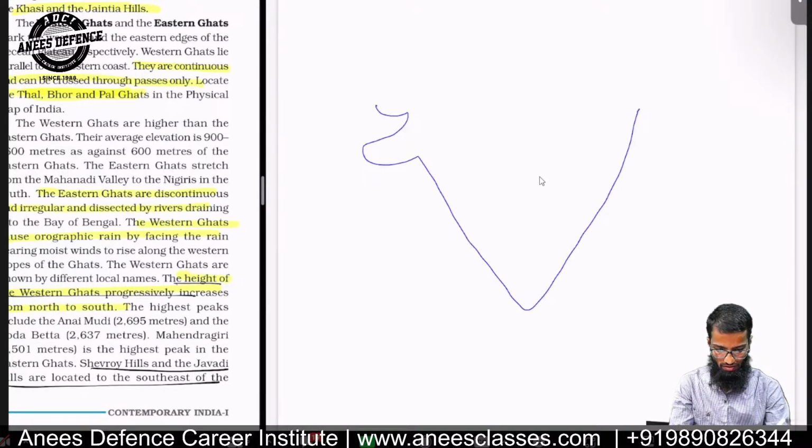So you have the Eastern Ghats here, and you have the Western Ghats here. You can see from the diagram that I have shown the gaps in the Eastern Ghats.